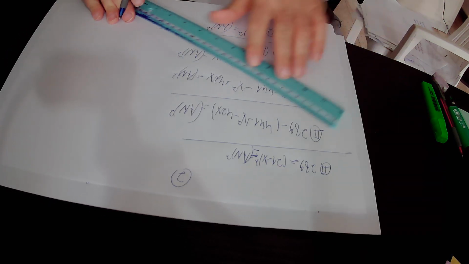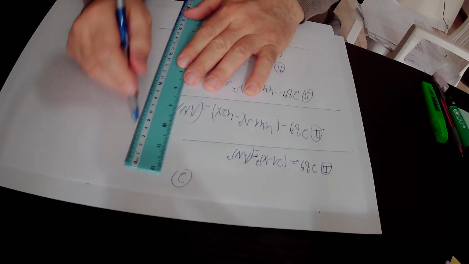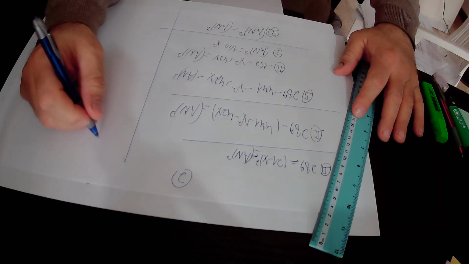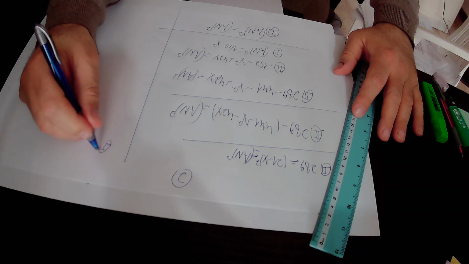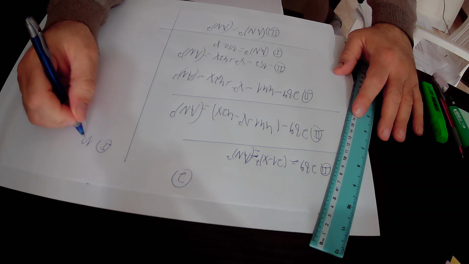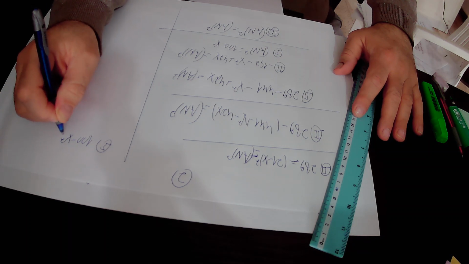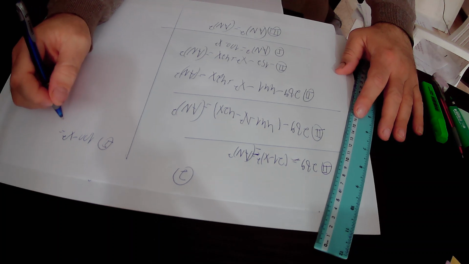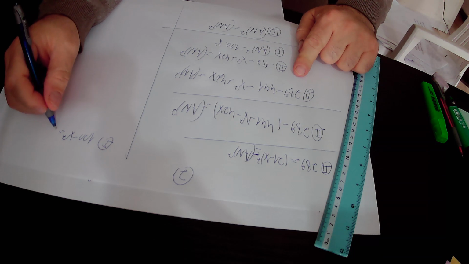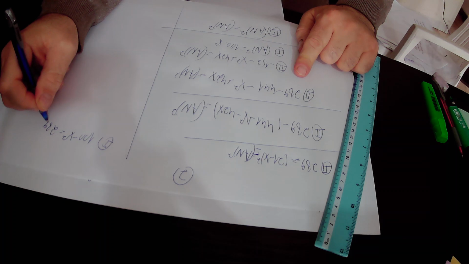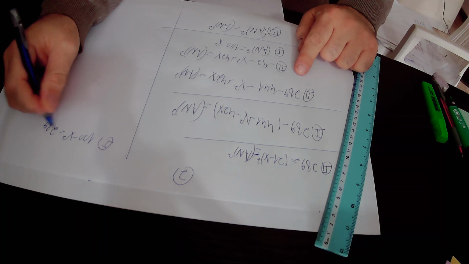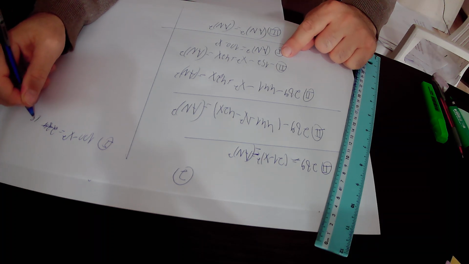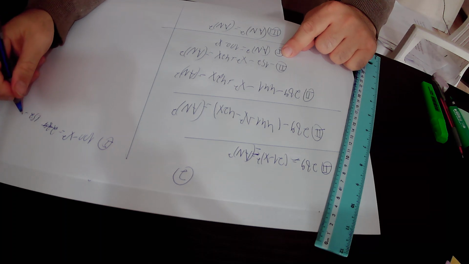So AN squared according to equation 1 equals 100 minus x squared, while AN squared according to equation 2 equals minus 152 minus x squared plus 42x.